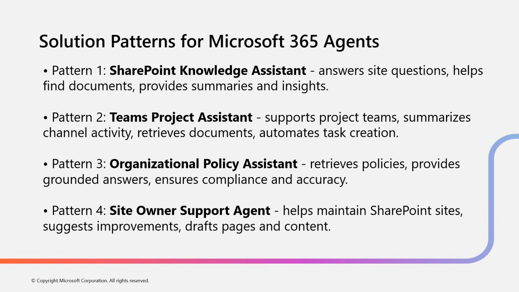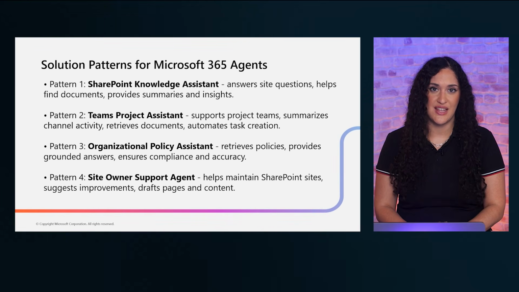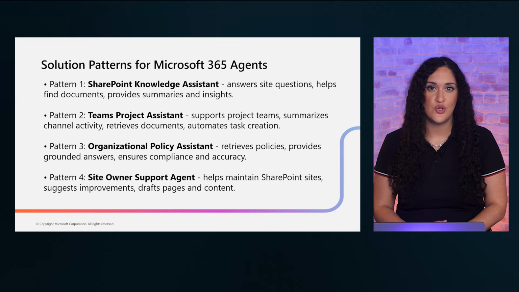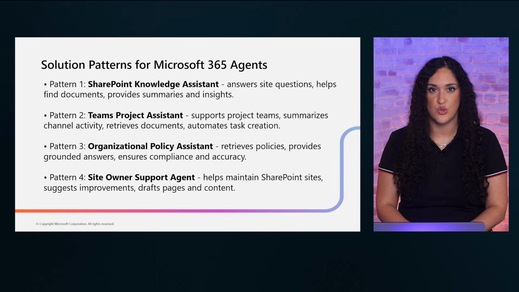Here are four proven solution patterns for Microsoft 365 agents. Pattern 1, the SharePoint Knowledge Assistant that answers site questions and provides document summaries. Pattern 2, the Teams Project Assistant that supports project teams with channel summaries and task automation. Pattern 3, the Organizational Policy Assistant that retrieves policies and provides grounded compliance answers.